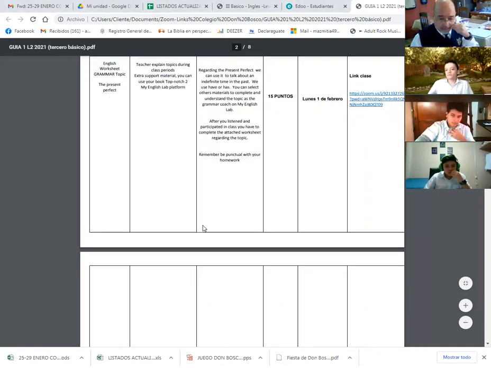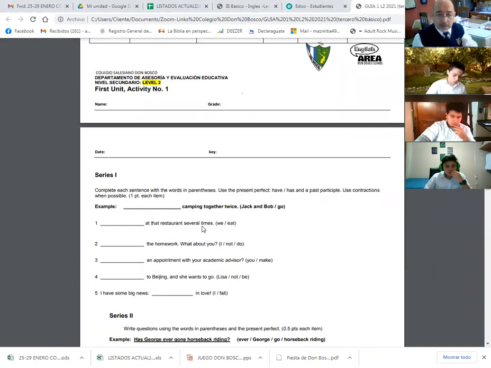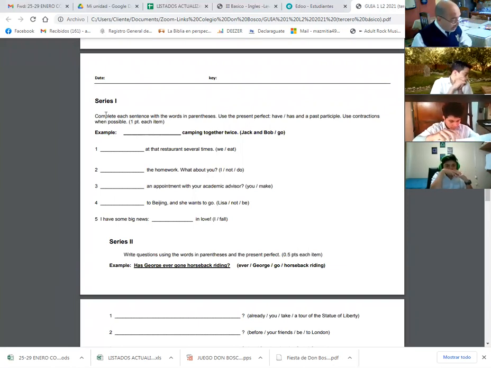Thank you. All right. Once you finish your guide, you have to write your full name, your grade, the date, and your code or key, okay? As we saw two days ago, we made one example from series 1. We are talking about the present perfect.